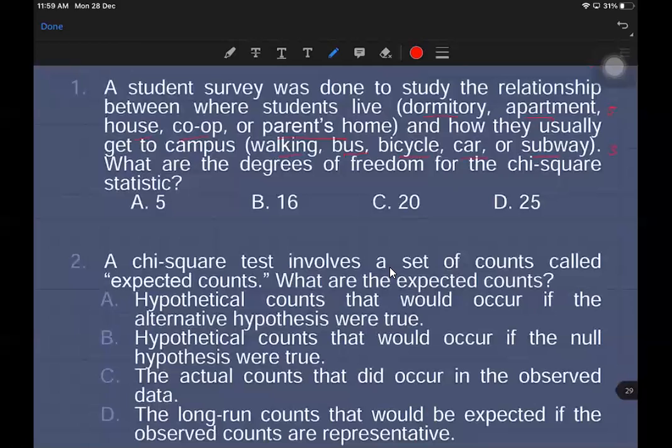We have another 5 for the other variable. So what is the degree of freedom? Column minus 1 times row minus 1. So 5 minus 1 times 5 minus 1, 4 times 4 is 16. The answer is 16.